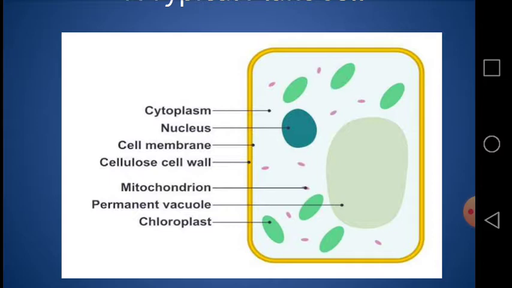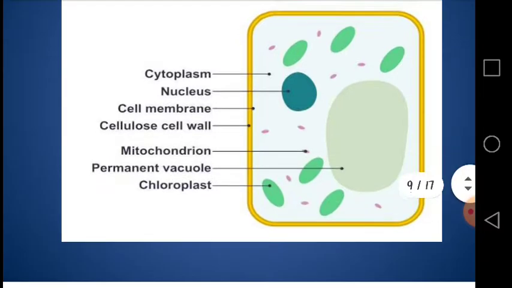And the chloroplast is also present, which is of green color, and this is the organelle which makes the plant cell produce its own food. And the last, I would love to discuss the cellulose cell wall. This is the characteristic of the plant cell, which is not present in the animal cells.